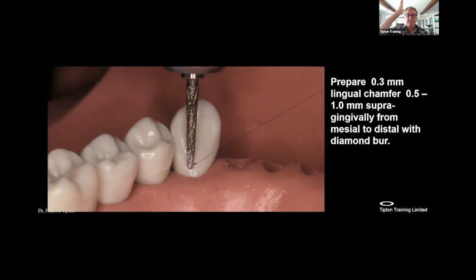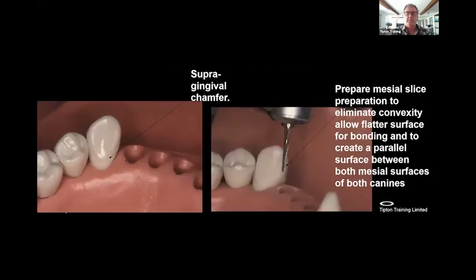We need to have a flat mesial surface that's inclined 6 degrees, so we can have the right axial inclination. These are not easy tooth preparations. So I'm now preparing my mesial slice, getting down to my finish line with a 6-degree inclination and providing a very, very long wall for bonding. Okay, my Maryland is going to bond all the way around here.